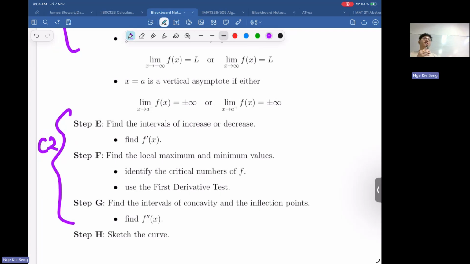Felicia, do you still remember what concave upward and downward are? If the second derivative is positive, then it is concave up, and less than 0 is concave down. Okay, let's check.